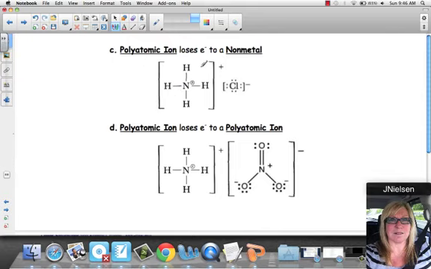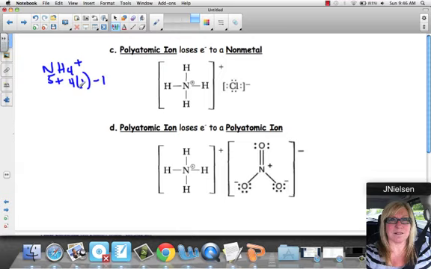Here I have a polyatomic ion actually, so I didn't list this one up top. This is a polyatomic ion and a nonmetal. This is NH4 plus. How did I know how to draw this like this? Nitrogen's got 5 plus 4 times, each hydrogen has 1, so 4 times 1.